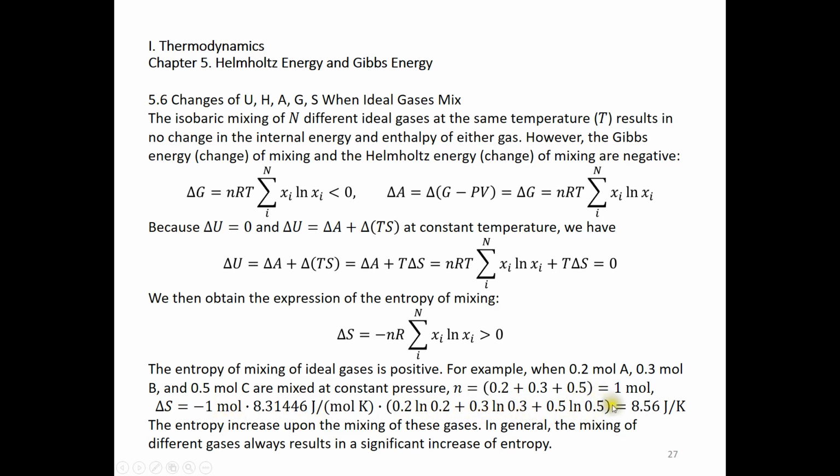Do all the calculation, we get 8.56 joule per Kelvin. This is the mixing entropy, for this process of mixing 0.2 moles of A, 0.3 moles of B, 0.5 moles of C.